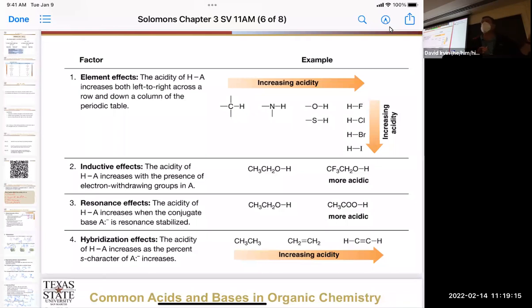The further you get away, the less it has, because it has to pull through bonds. Resonance effect: how many atoms can stabilize that negative charge of your new conjugate base? And the last one is hybridization. Hybridization is particularly important for the carbon chains, especially the hydrocarbons. All right. Any questions on that?